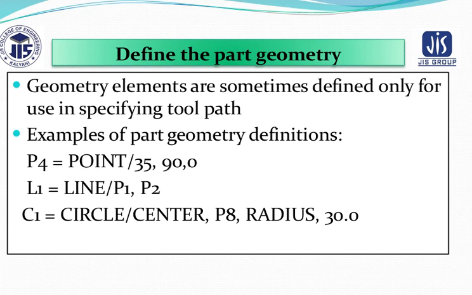So if you define a point, you are going to use the point statement. Right now you can see P4 is defining the point, and to define it, the point statement has been used. Then it has been given the value for x, and this has been given the value for y, and z is 0, meaning the depth of cut has been given 0.